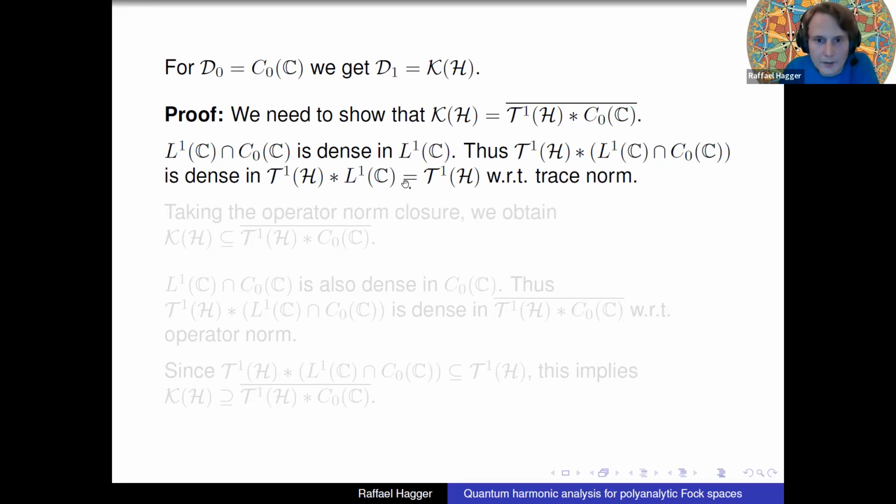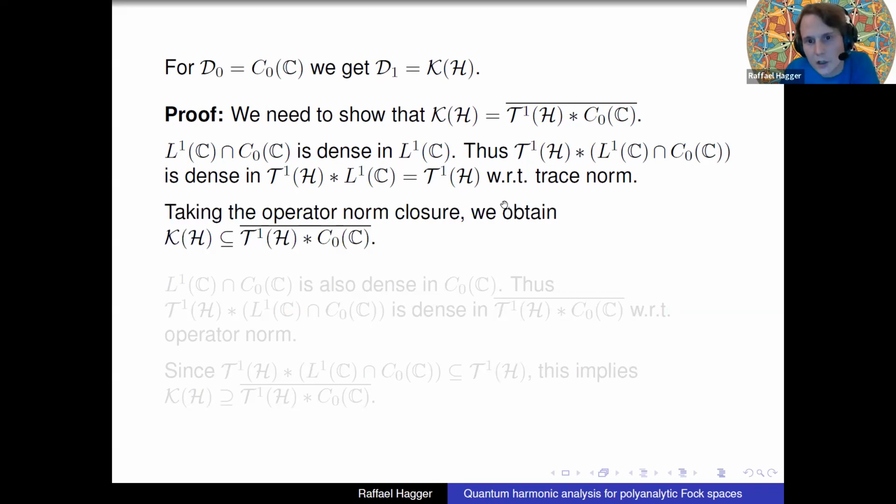Then it's also not so difficult to see that this set is again just all trace class operators. If you convolve all trace class operators with all L1 functions, you get all trace class operators. So this here is dense in the trace class operators with respect to the trace norm.